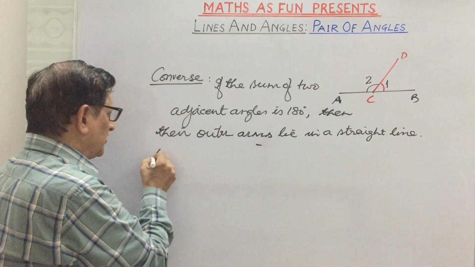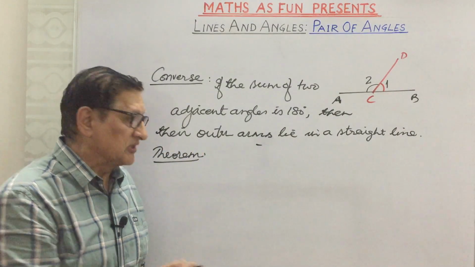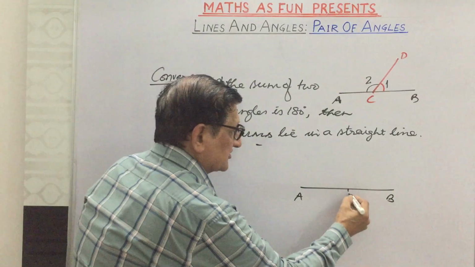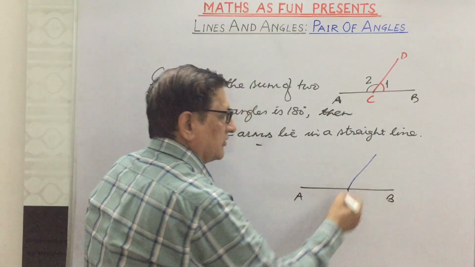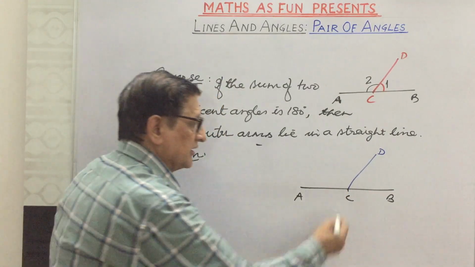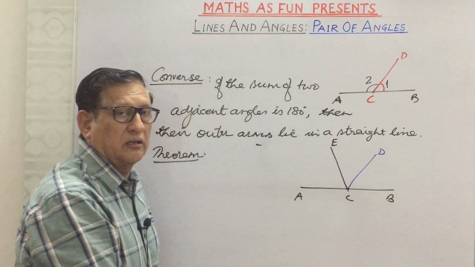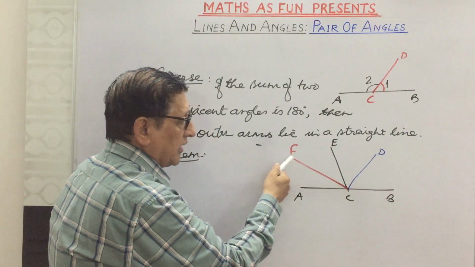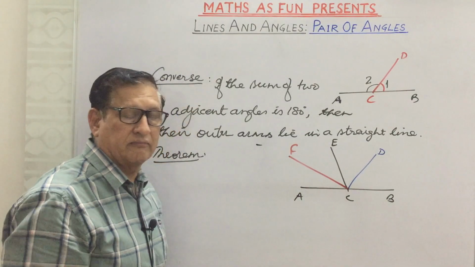We can learn here one more theorem based on the angles on a line. Suppose we have a straight line AB. At one point C of it, there are some angles formed, like one is this DCB, another is this ECD, and the third we have is suppose this FCE, then the fourth angle will be FCA.